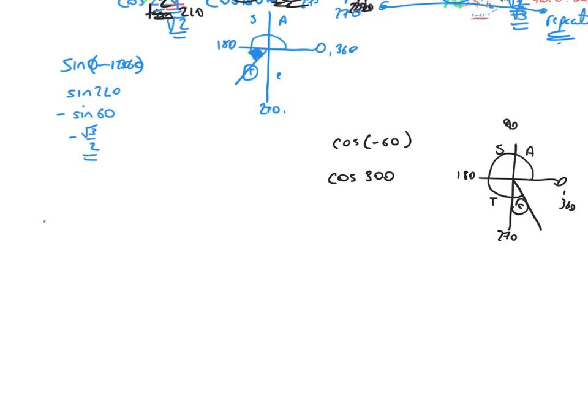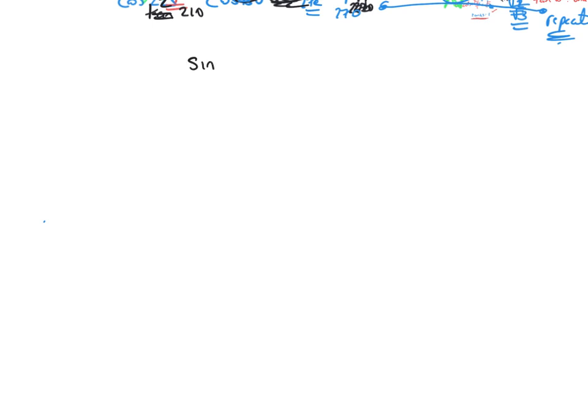I'm in the cosine quadrant, cos is positive in the cosine quadrant, and the acute angle there is 60 degrees. Cos of 60 is 1/2. Final answer.